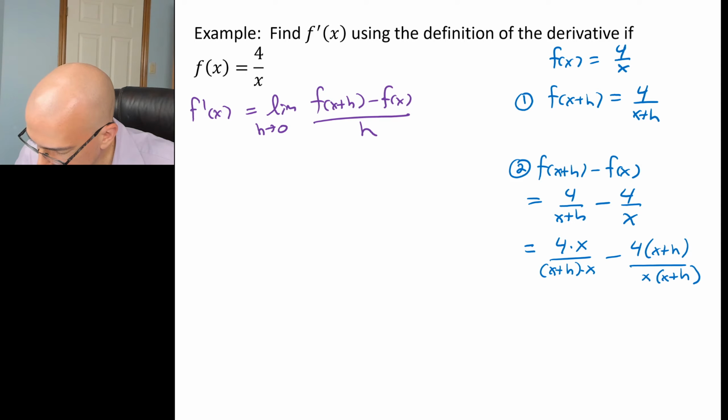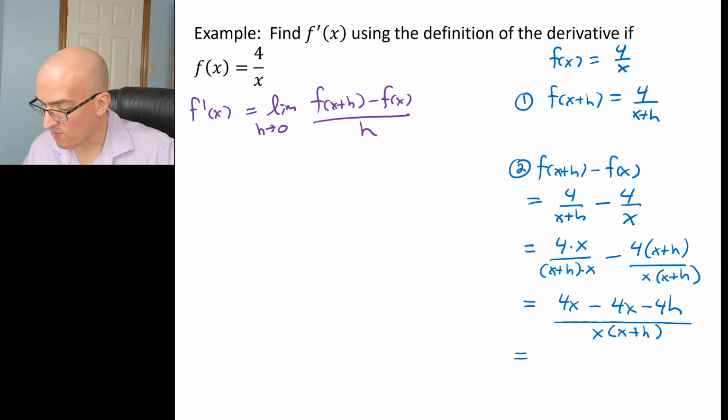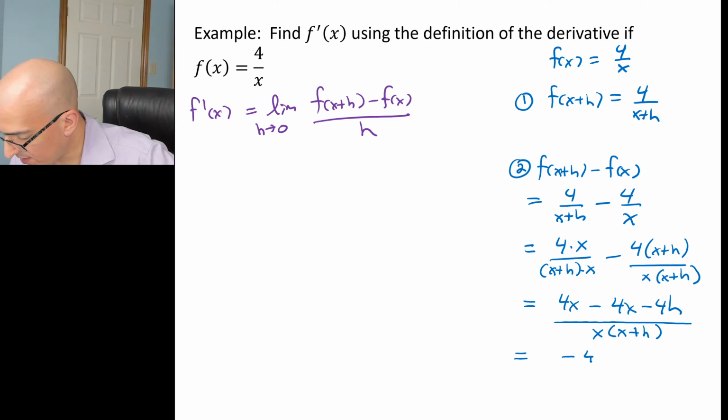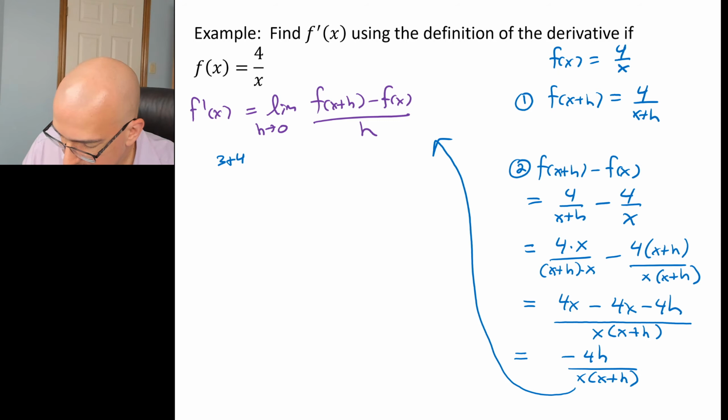We have 4x minus 4h, that minus sign hitting both pieces on the right, and we subtract them over x times (x plus h). The 4x and the negative 4x cancel. We get negative 4h over x times (x plus h). Now I'm going to plug this in up here and do steps 3 and 4 together.